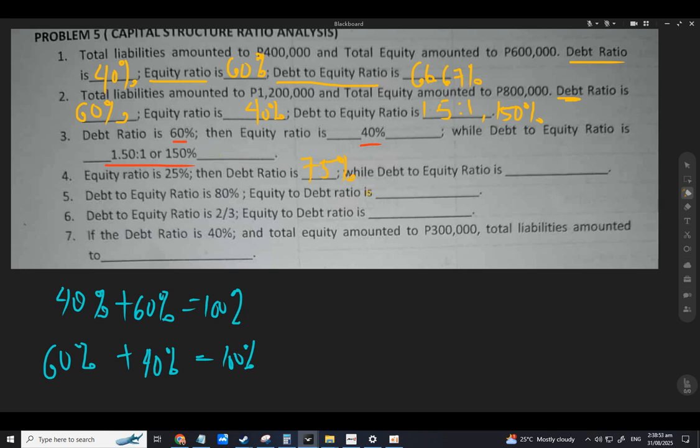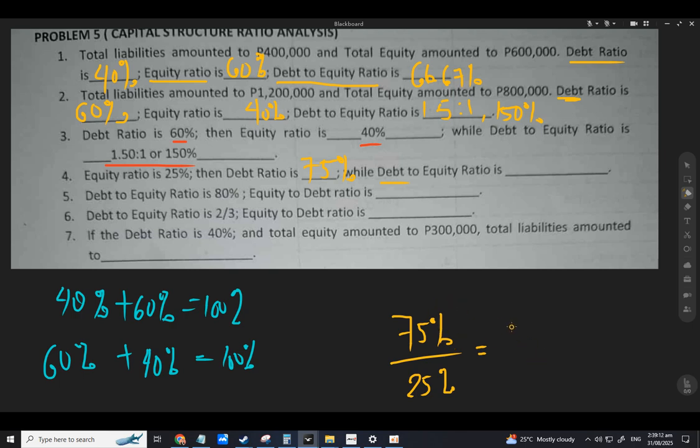Diba? Easy. Paano naman yung debt to equity ratio? So again, nauna si debt, so siya yung numerator. Ang debt ratio natin ay 75% over 25%. Okay. You might want to convert it kung hindi kaya ng calculator.